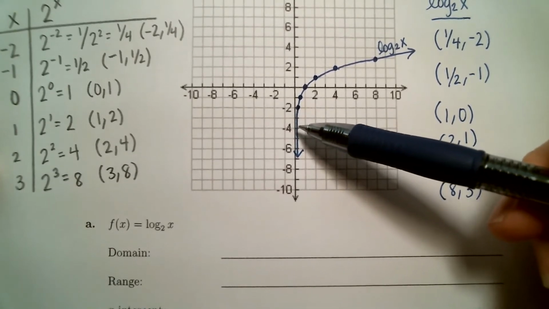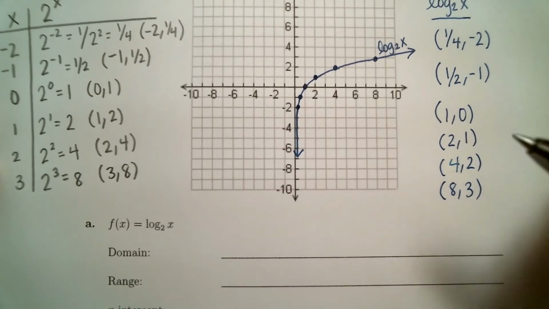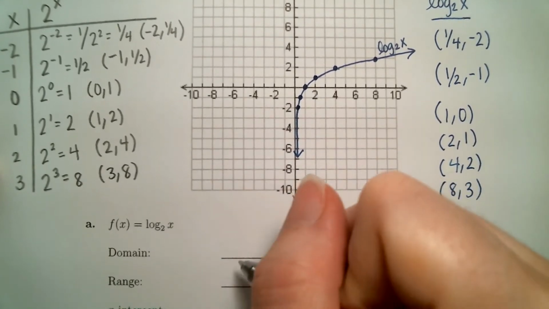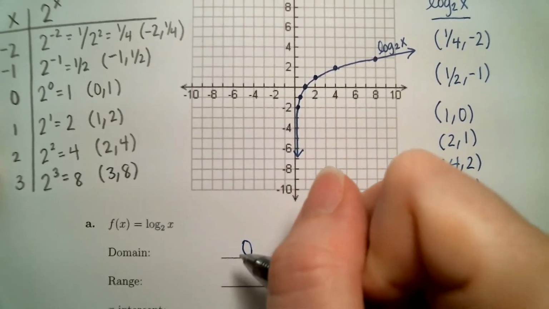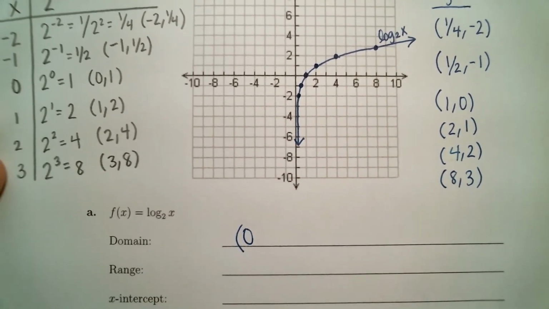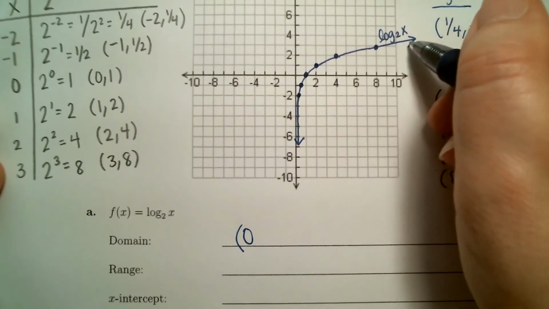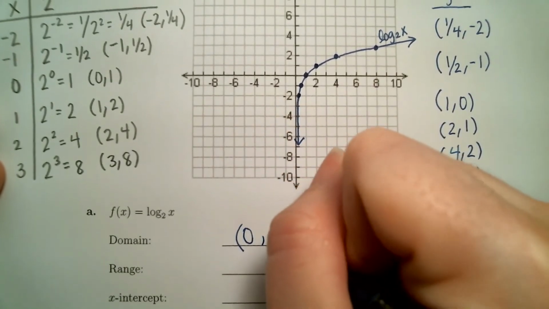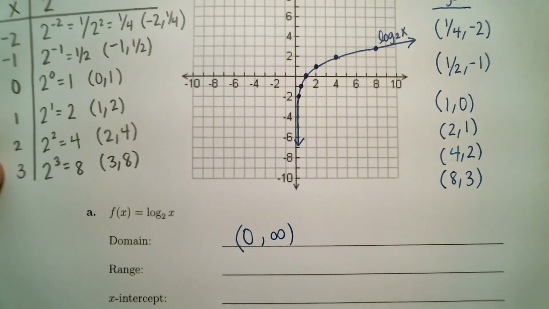You're getting closer and closer to an x value of 0, but not actually getting there. So we start at 0, but we don't actually get there, so we're going to exclude it. Our rightmost point is going to be positive infinity. So the domain is from 0 to infinity, not including 0.